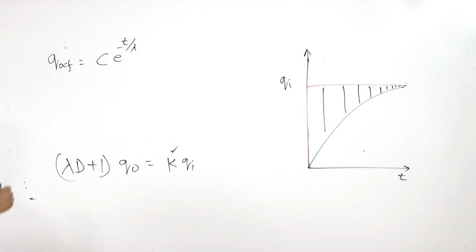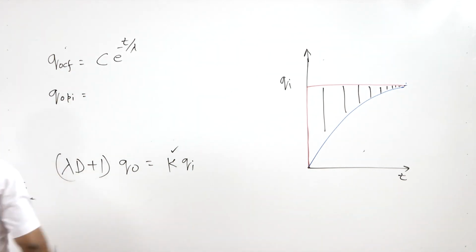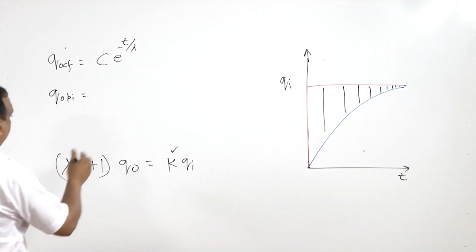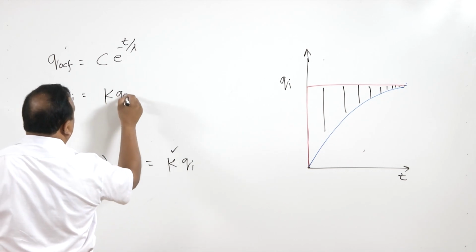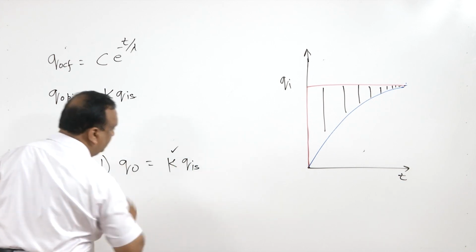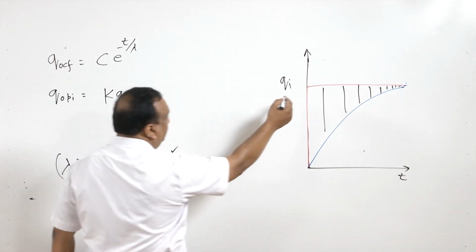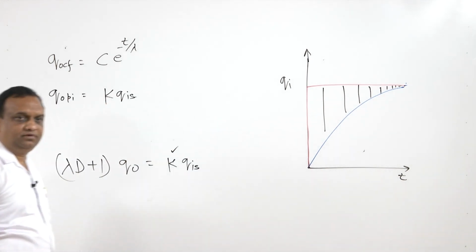Now, the particular integral is going to be equal to K Q_IS. This is the input quantity, Q_IS, right?